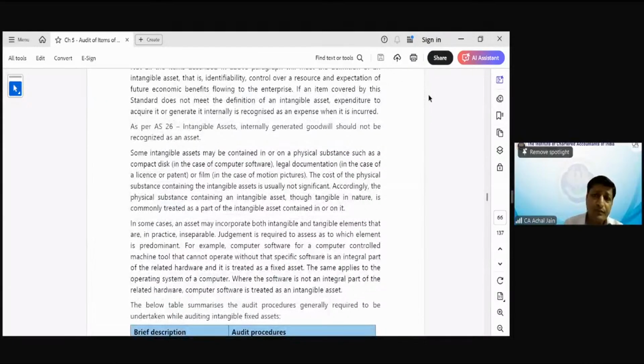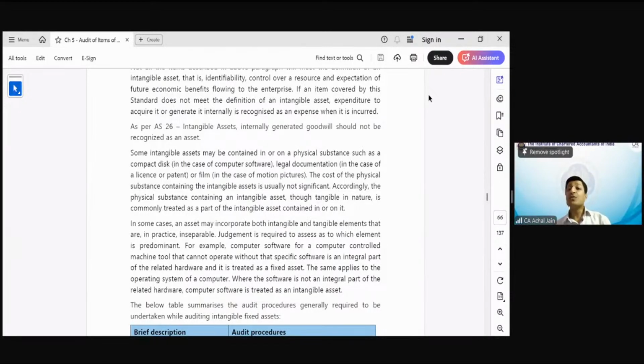Now, when it comes to intangible assets, similar to what we discussed in respect of PPE, at the time of their initial recognition, they will be measured at cost. Always.